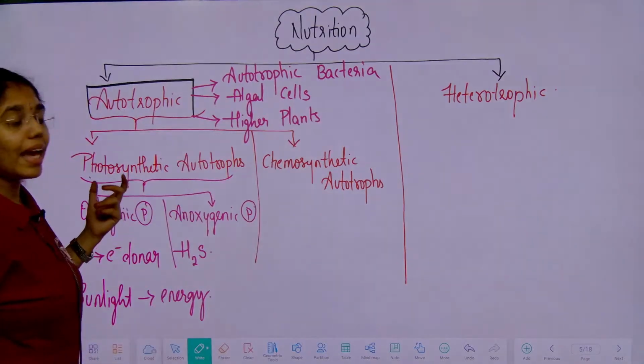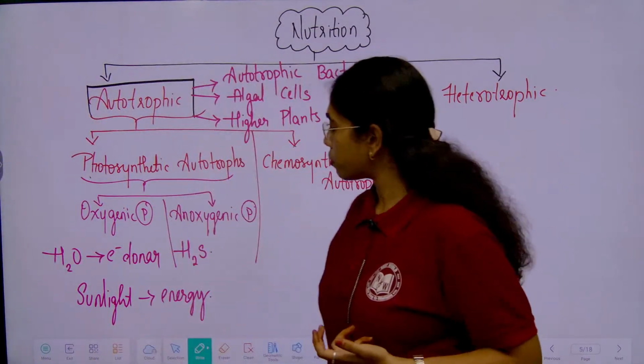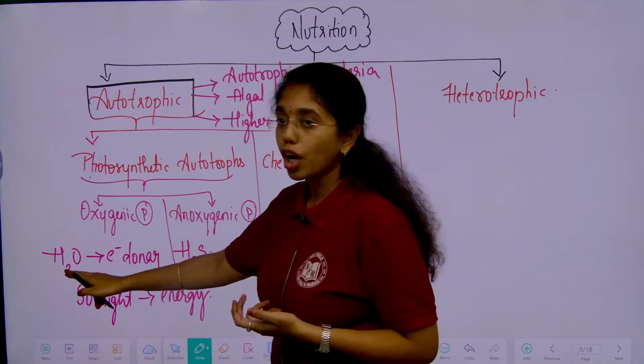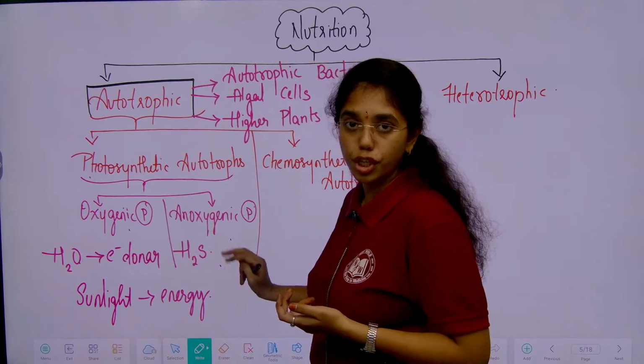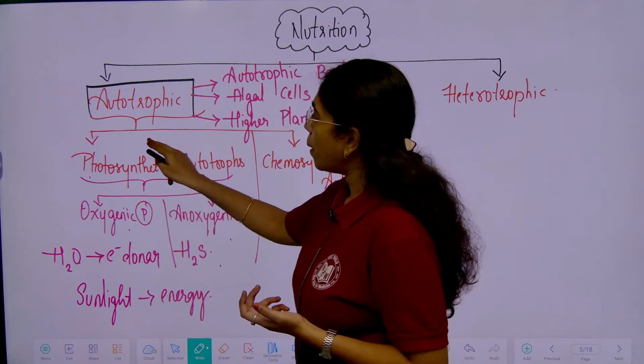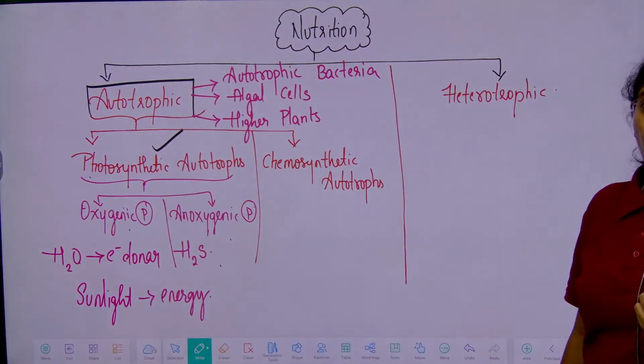If the energy which is required for the preparation of food material is taken from sunlight and the electron donor is either water or H2S for oxygenic and anoxygenic photosynthesis, then the mode of autotrophic nutrition is addressed as what? Photosynthetic autotrophs.